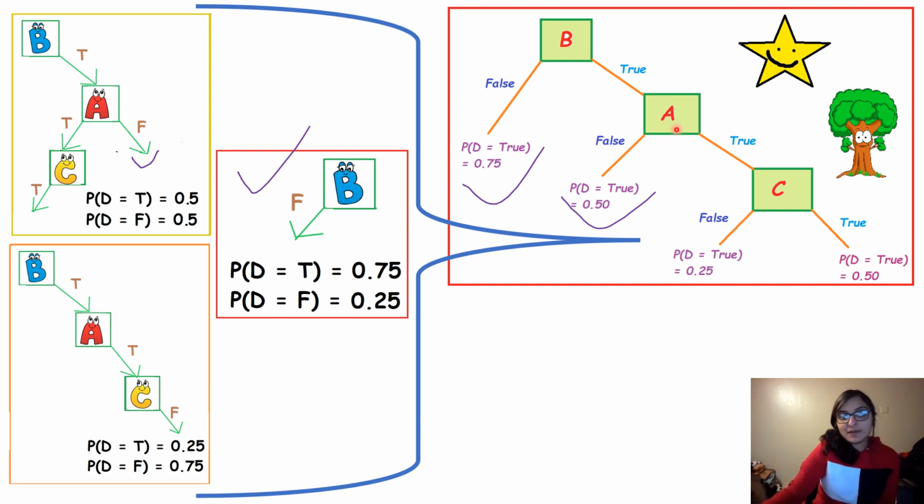And then this part where A is true, and over here now, if A is true and C is true, we have the probability D is true is 50%. So this part is here. That's great. And then lastly, we're going to see, okay, what if C is false?